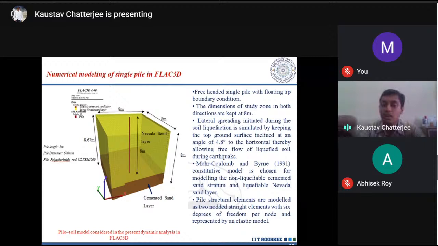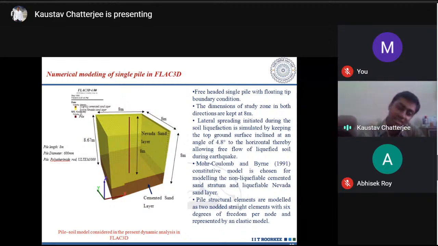Now, the Mohr-Coulomb model was used for modeling the cemented sand layer at the bottom, whereas for the liquefiable sand layer, we have chosen the Finn model to take into account the degradation of shear strength and the cyclic shear strength that is generated during liquefaction. The pile element was modeled as a two-noded straight element with 6 degrees of freedom per node, that is 3 translations in the XYZ and 3 rotations about the XYZ axes.